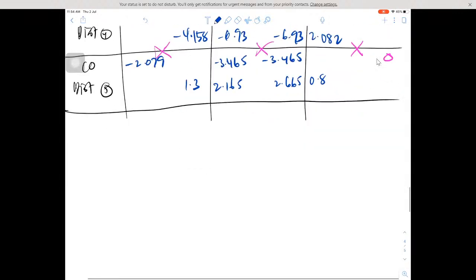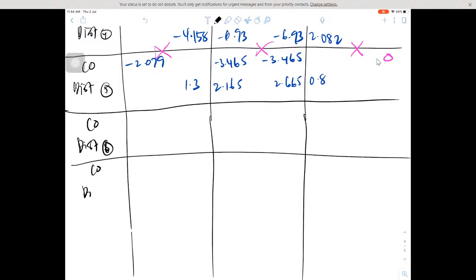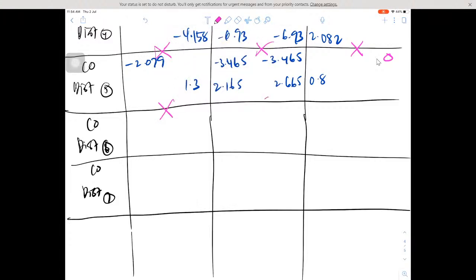Okay, then continue. Carry over, distribution number 6, carry over, distribution number 7. We carry the value. Here is 0 because of the pin support.